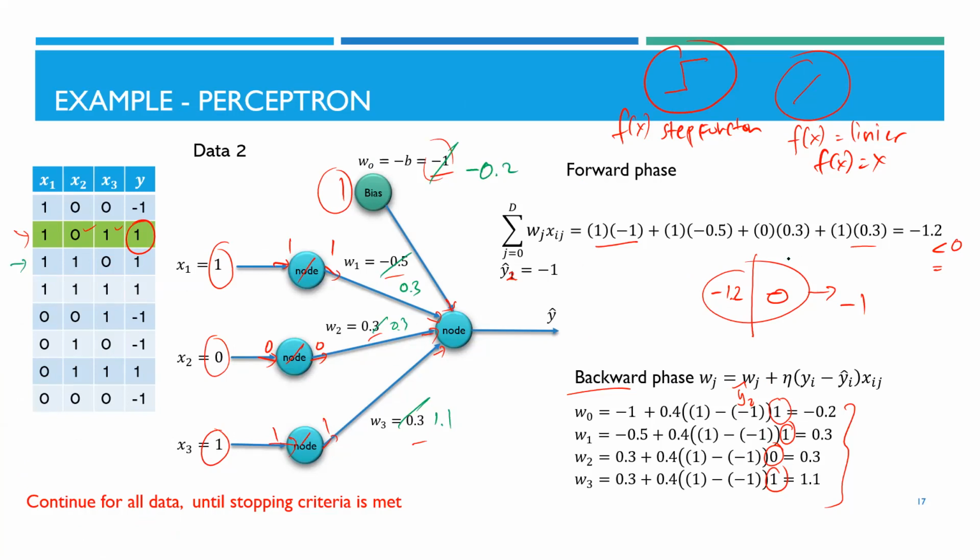Then we do the forward phase and backward phase, get the new weights, and continue to the next data until all data are used, and then go back to the first data for the second iteration. Running all the data is only one iteration. We can do several iterations until we decide this is the stopping criterion.